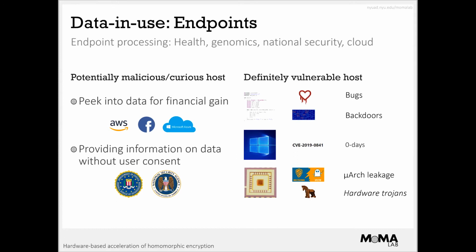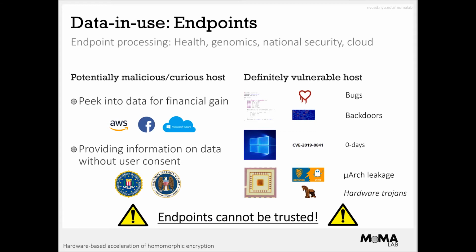And also the application itself has bugs, and it could have intentional backdoors as well. So even if we have our own computer, there's no guarantee that the data is safe, because our computational stack is insecure throughout, from the hardware to the operating system to the application itself. So what I'm trying to conclude here is that the endpoints cannot be trusted, right? Once the data is decrypted to be processed, there are many ways that data can leak.